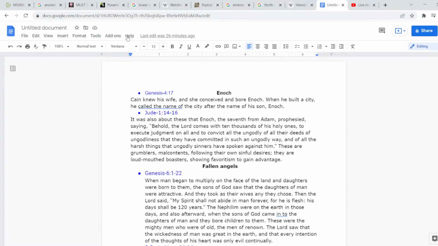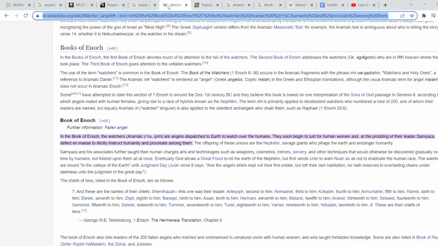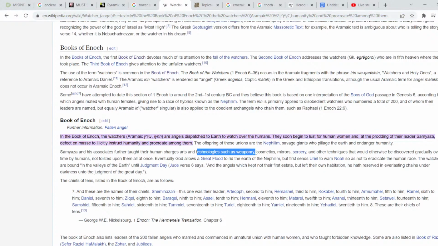So I checked those texts out, and it has everything to do with technologies and weaponry.